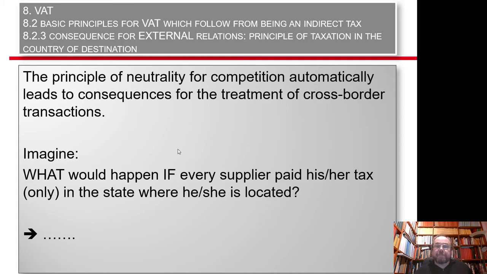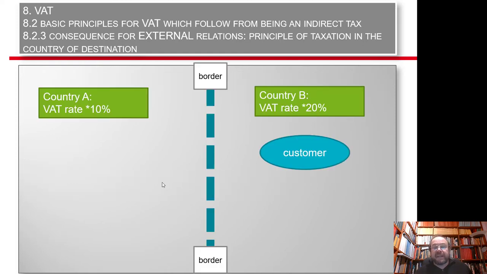let's imagine what would happen if every supplier paid his or her tax only at home, where he or she runs the business. Then imagine you have two countries, country A, country B. VAT rates are 10% and 20%, naturally, just to make things easy. In between, we have a nice border.